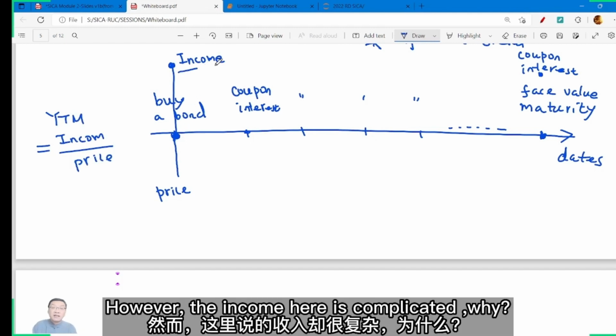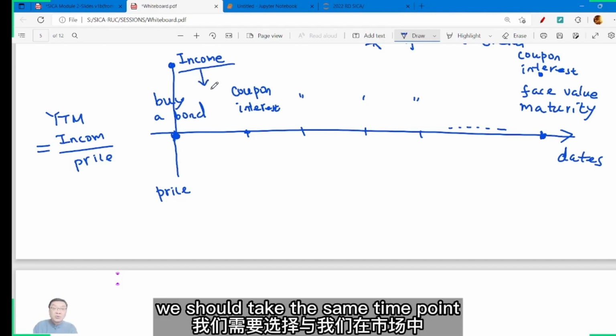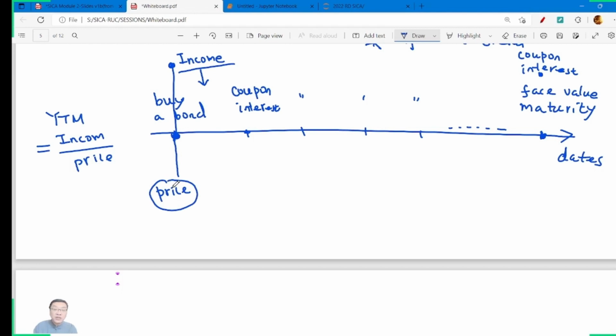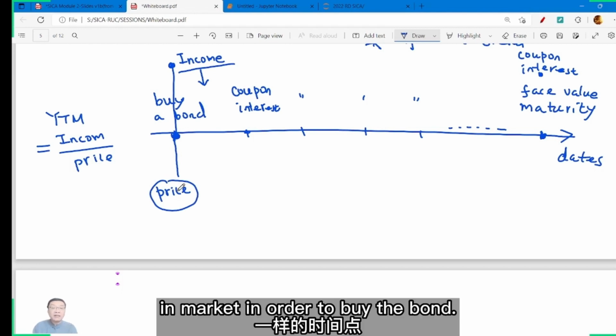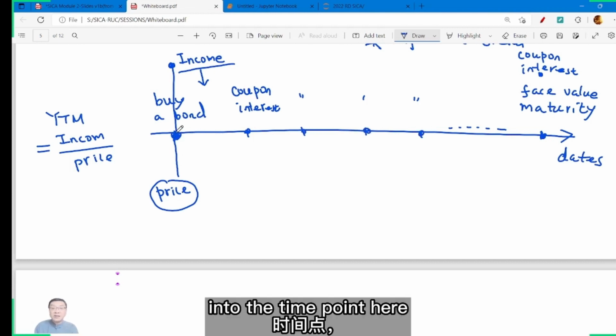However, the income here is complicated. Why? Because the income here, we should take at the same time point as the price we spend in the market in order to buy the bond. In this way, our future income should all be converted into the time point here. We have to convert it.